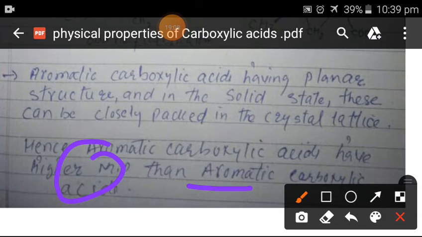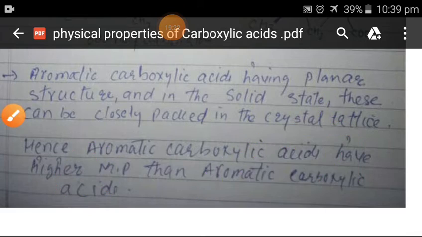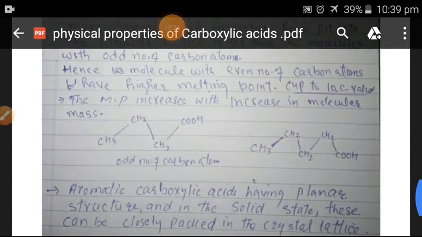Clear? Then aliphatic carboxylic acids. Clear? So aromatic carboxylic acids have higher melting point than aliphatic carboxylic acids. So it is because of this that even number and odd number carboxylic acids have different melting points.